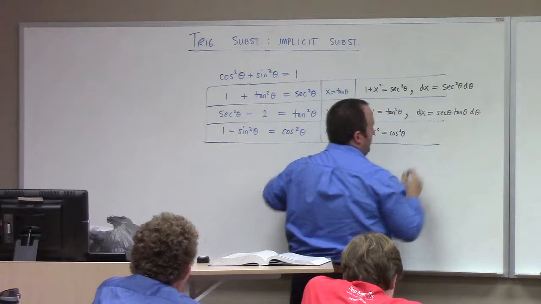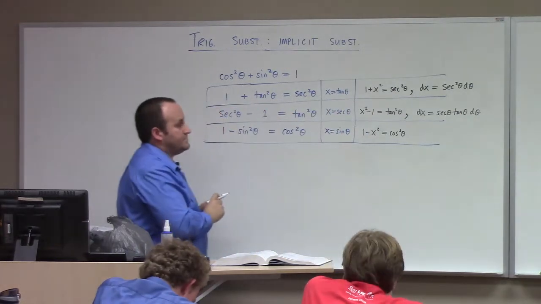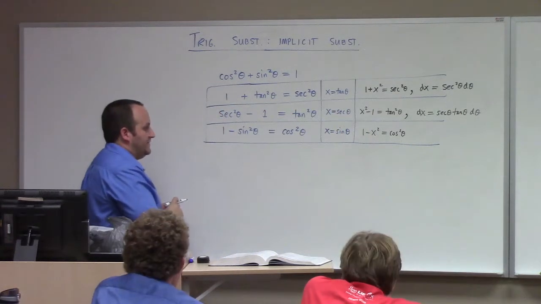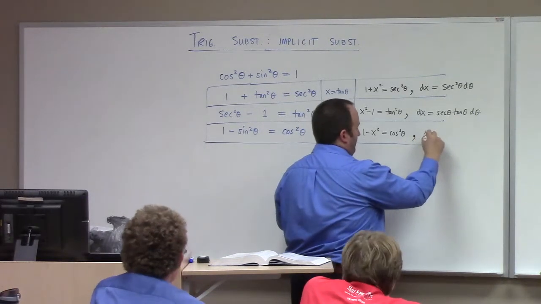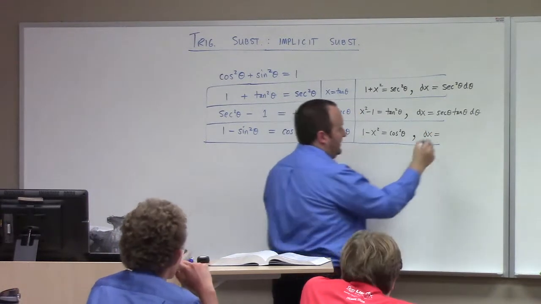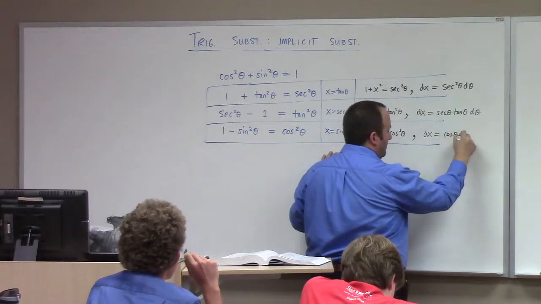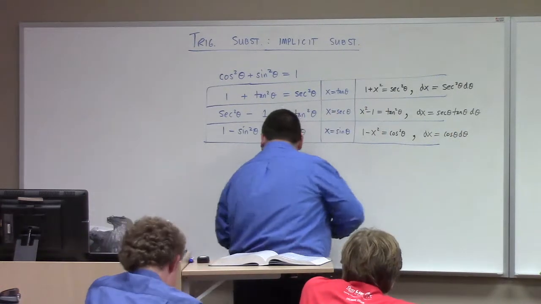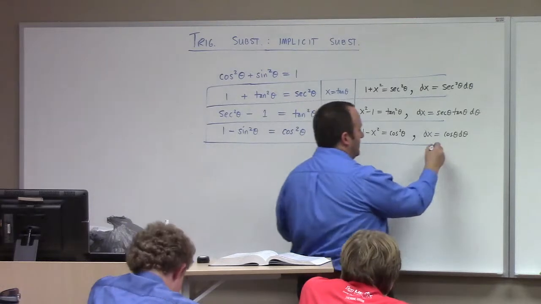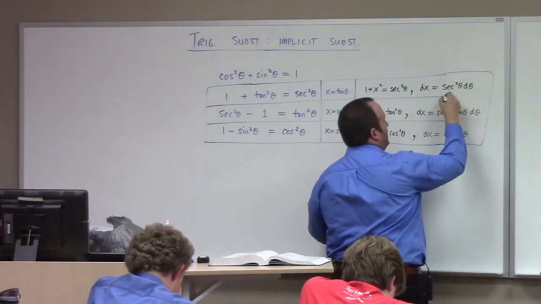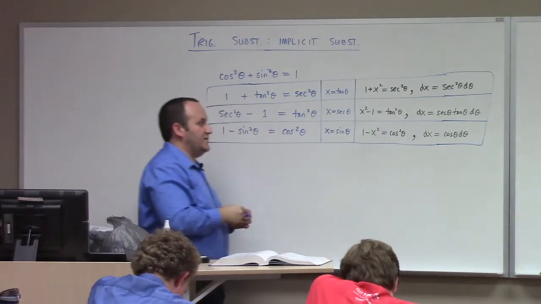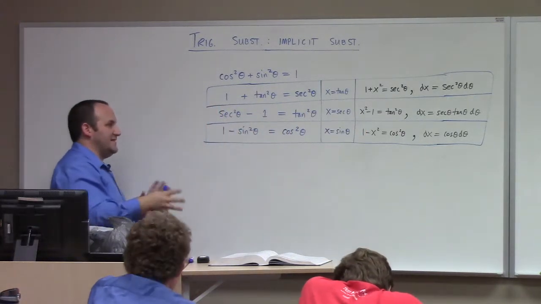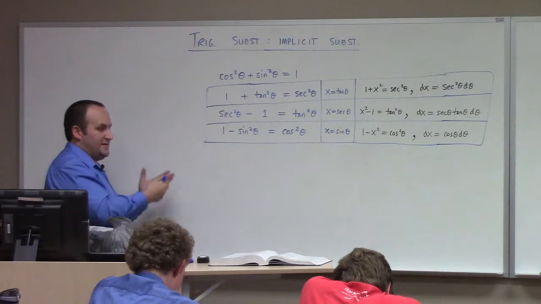It's secant tangent, right? What's the derivative of sine? Cosine, yeah. All right, so these are the three most popular generic trig substitutions. Now I'm going to mix it up a little bit past this, but these are kind of the baseline.